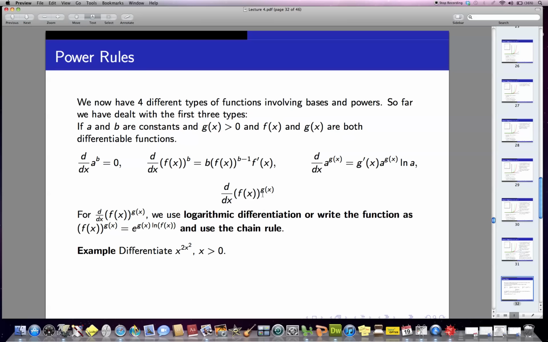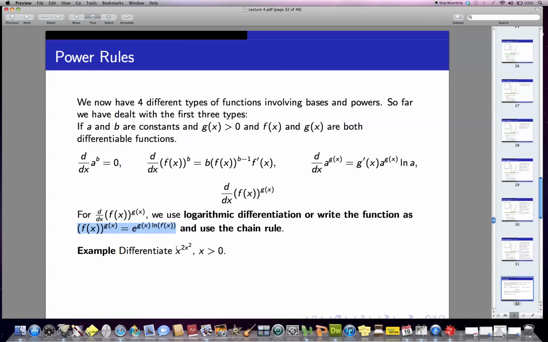And now lastly, we'll do some examples in class of functions of this form, f of x to the power of g of x. And for these we have 2 options. We can either use logarithmic differentiation or rewrite the function in this form and use our techniques from last class. It's the derivative of the power here times the function itself, e to the g of x times ln of f of x.